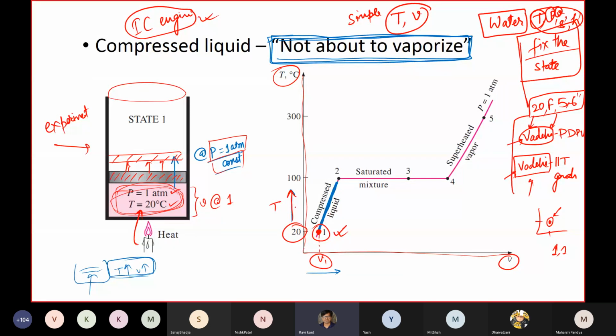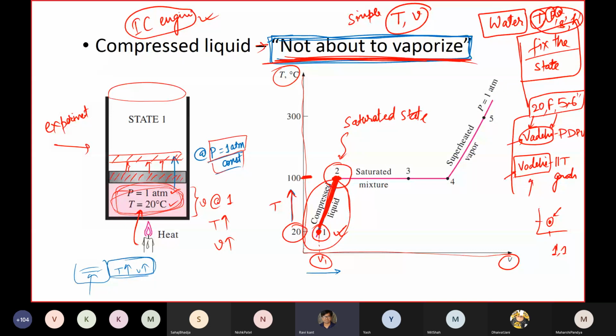And this will keep on going till it reaches 100 degree C, and this 100 degree C is a very peculiar thing, and we will reach a certain state called the saturated state. Before the saturated state it was in a state called compressed liquid state, which is defined as not about to vaporize.